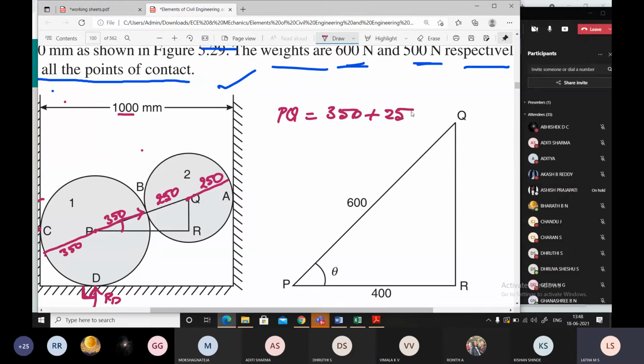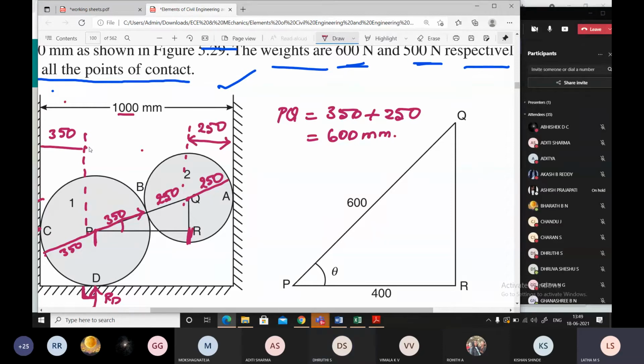By geometry, students, it's all by geometry. PQ is 600 mm. Now, can I calculate PR? Yes, I can. How can I calculate PR? I know the total distance as 1000. What is this distance, students? The radius. Correct? How much? 250, ma'am.